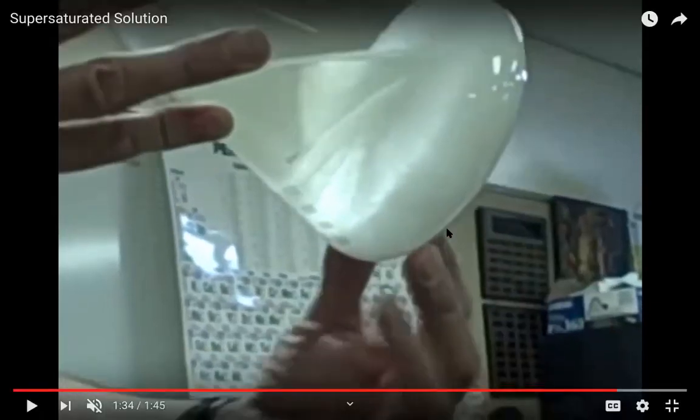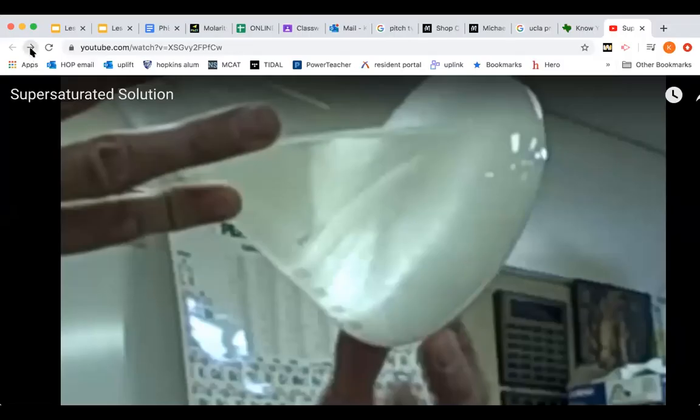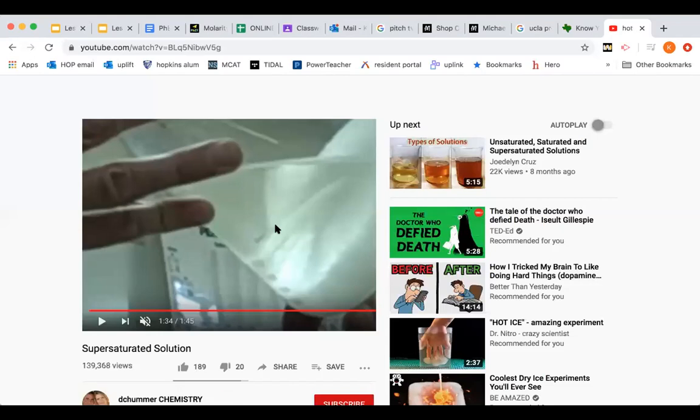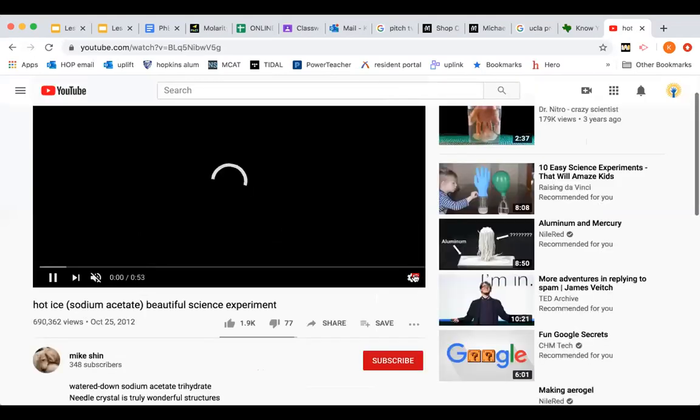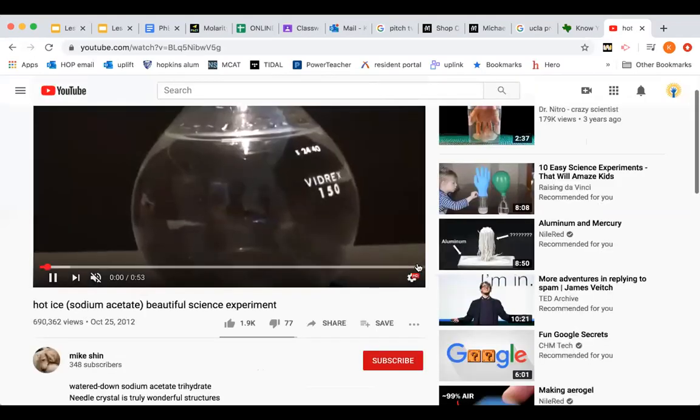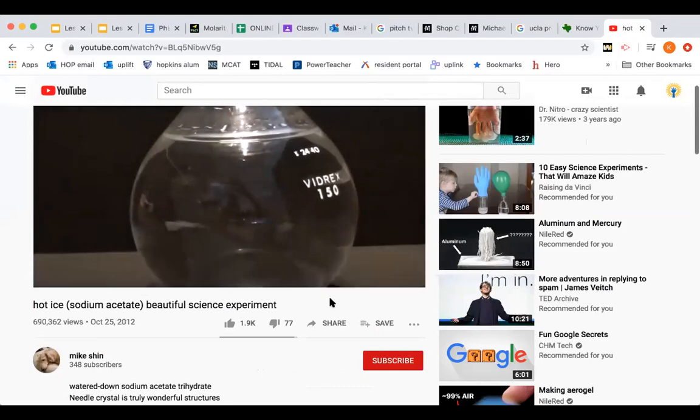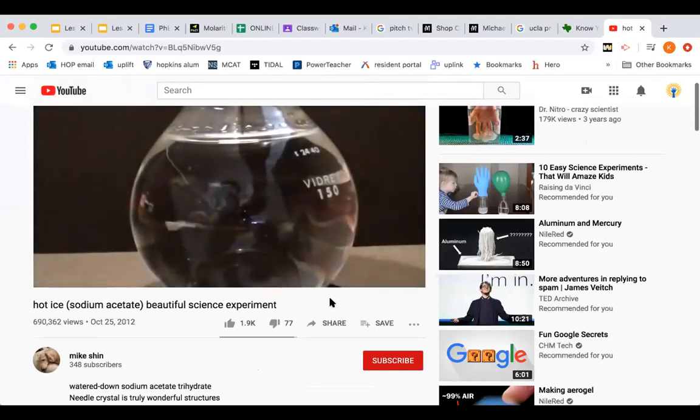All right, we'll watch one more quick video of this. Same exact thing. This time, the way it precipitates out, it does it in a pattern. So you'll see he's about to poke it. Why can't I make this full screen? Maybe because it's HD, I don't know. It's about to poke it with a little bit of the solute. There we go.